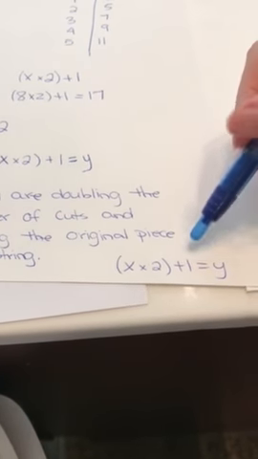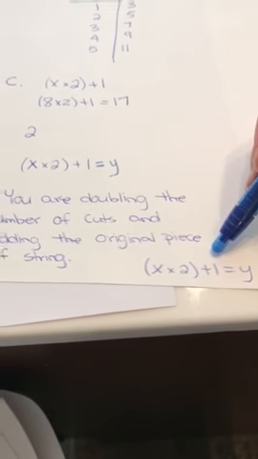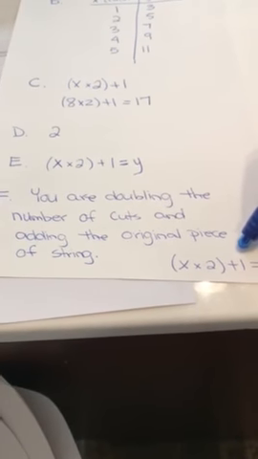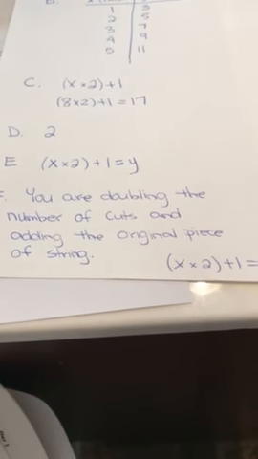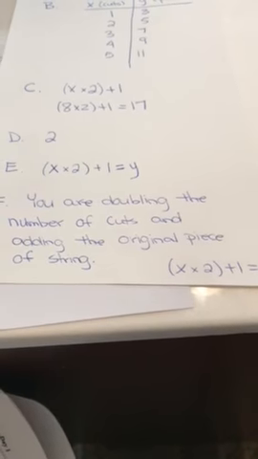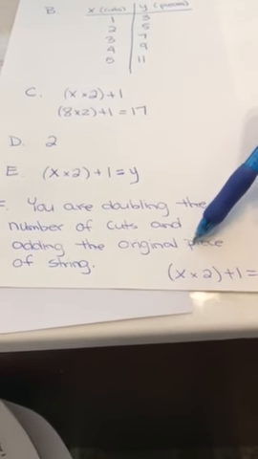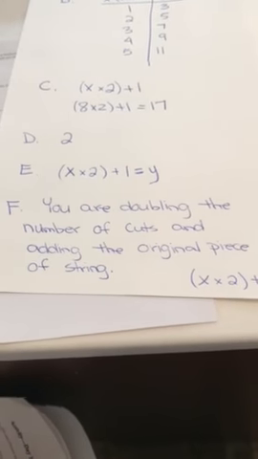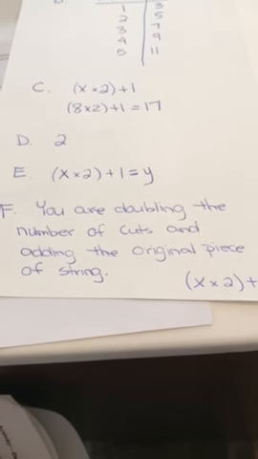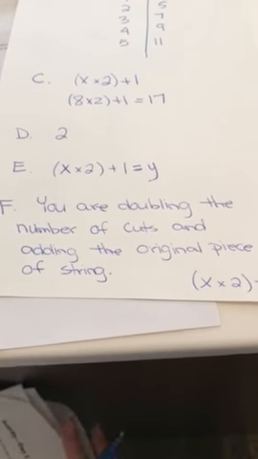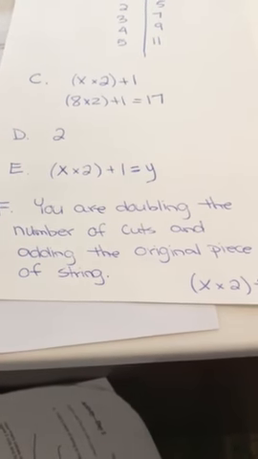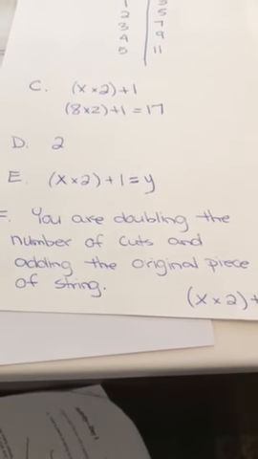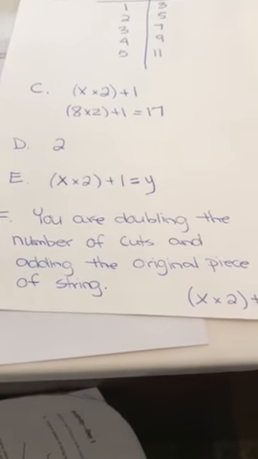And that's where you're getting this equation, okay? The key is to make sure not to forget the original piece of string that you started off with when you made your cut. Okay, so that's F. That's how you would view it, and you would write it in words.